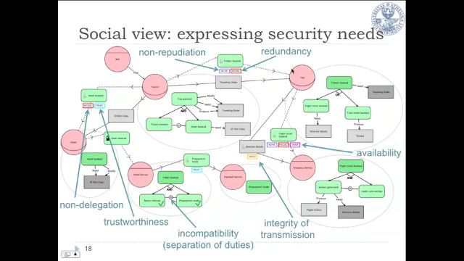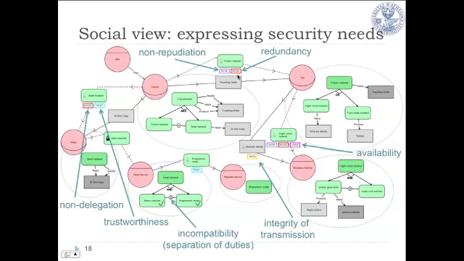It is also requiring the travel agency service to satisfy a no delegation security need and the redundancy security need. On the other hand, TAS, when delegating flight ticket booked to Amadeus Flight Service, is specifying non-repudiation, no delegation, which is also shown by the dashed line, as well as a minimum availability level.